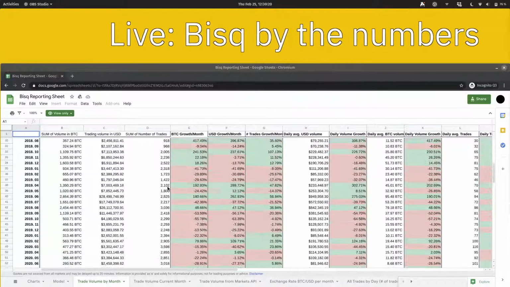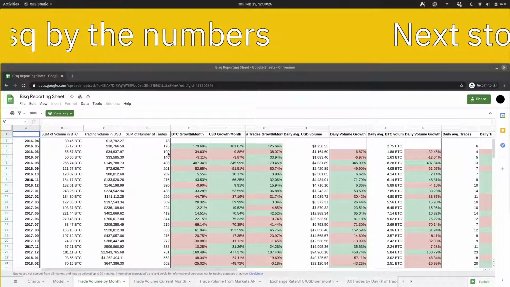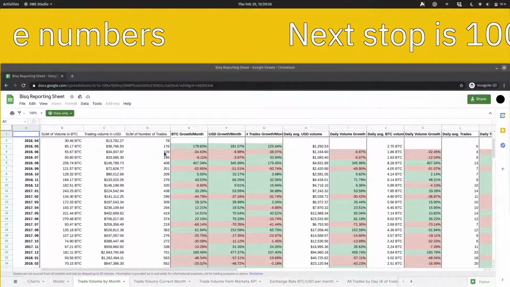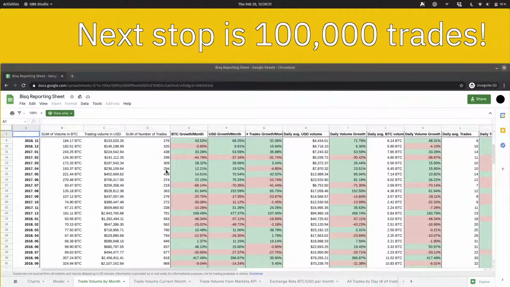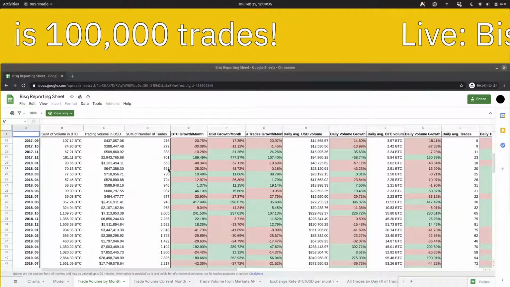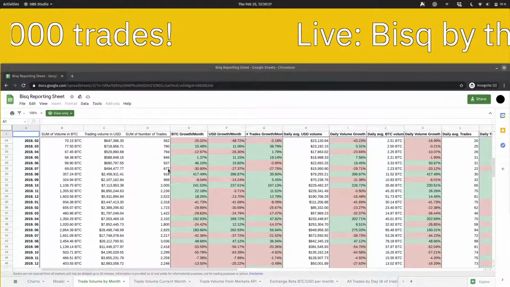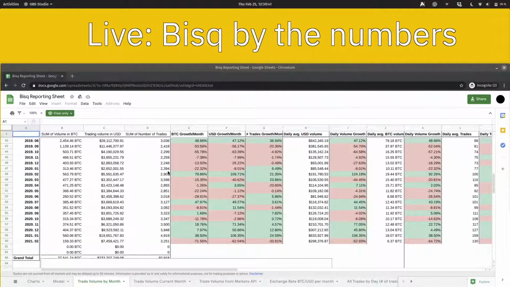You can see it started with just over 100 trades per month way back in 2016 and has gone up slowly but surely to a few hundred trades per month, then 1,000, 2,000 trades per month throughout 2019 and 2020.